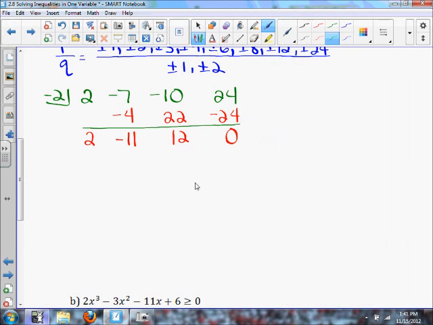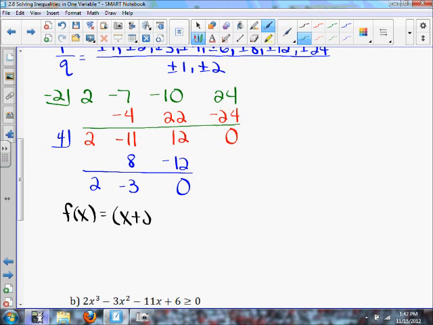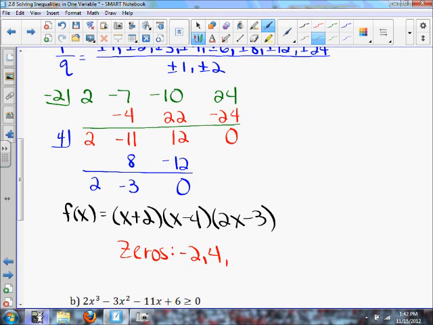So if I put 4 into a synthetic division, we'll have 2, 8, and so we'll have this. So if I were to rewrite this, I would have f of x as x plus 2 times x minus 4 times 2x minus 3, which means my zeros would be -2, 4, and 3 halves.